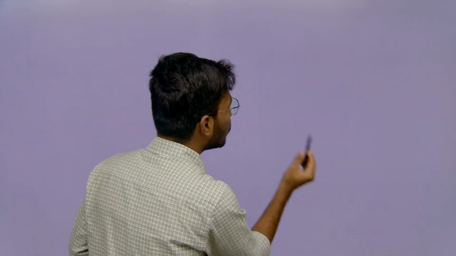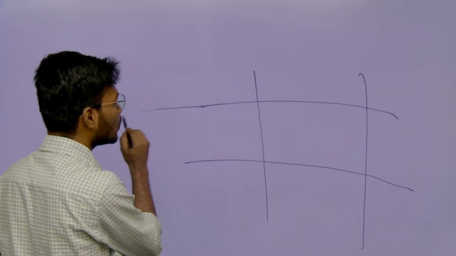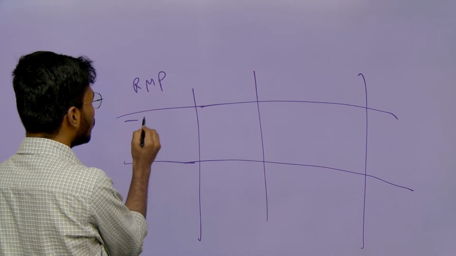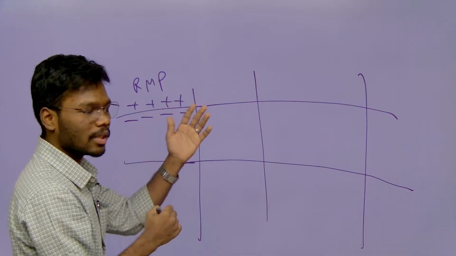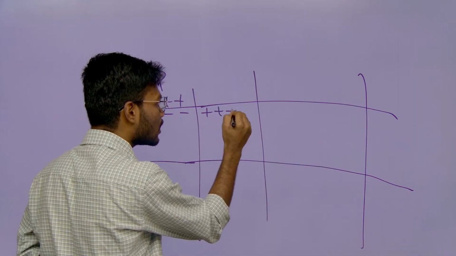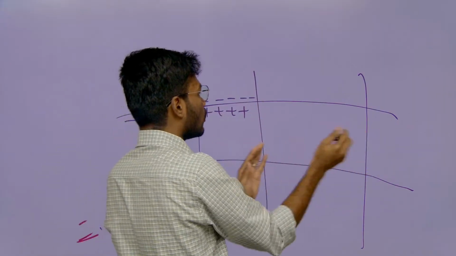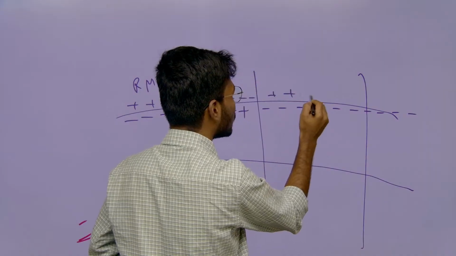We have two portions. The first portion is at resting membrane potential, which is negative inside and positive outside. Then depolarization happens, with plus inside. Along with this, the neighboring region also becomes positive, and all of this neuron becomes positive.